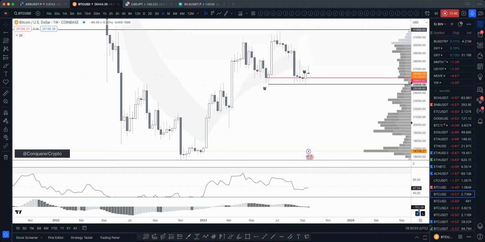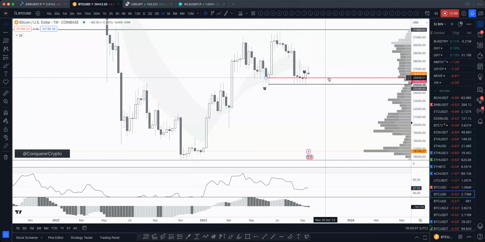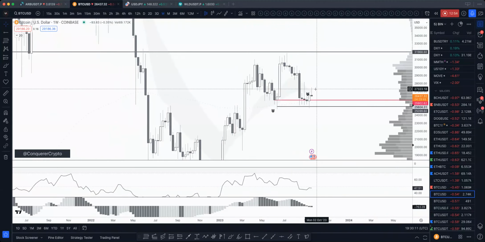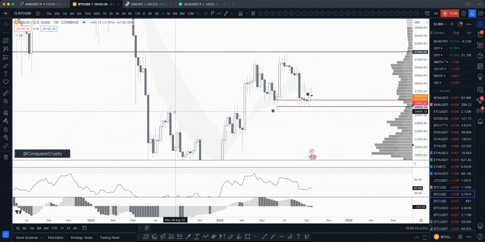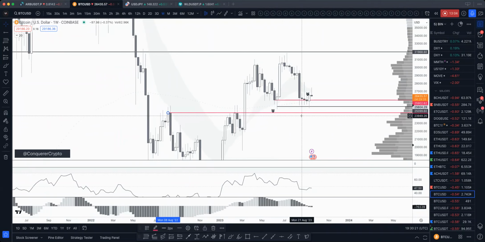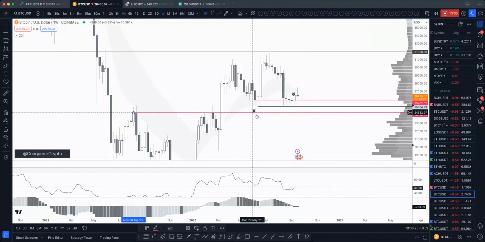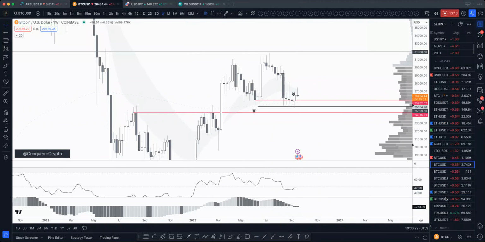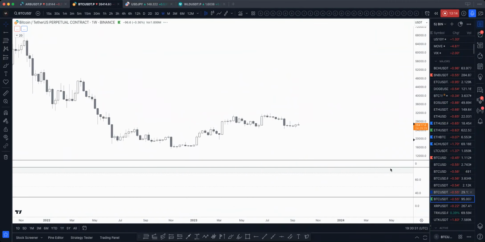The AO also, see, going negative right now. Not the best picture, really. Not the best picture. And the last point of defense is basically this area. It's basically here, which has proven to be the defense point. On basically Binance, it did hit this area. Let me see if I can find that.